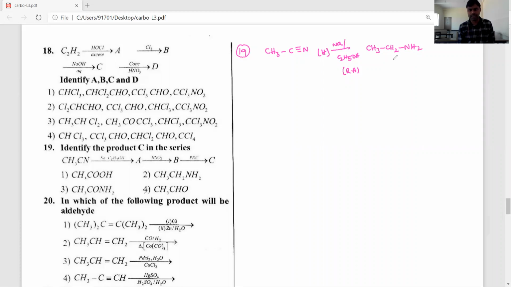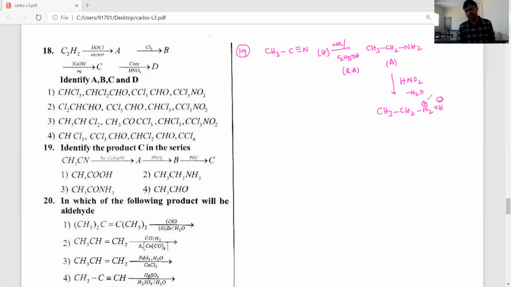Again, this is treated with HNO2. With loss of a water molecule, it is converted into a diazonium salt, CH3-CH2-N2+ and OH-.